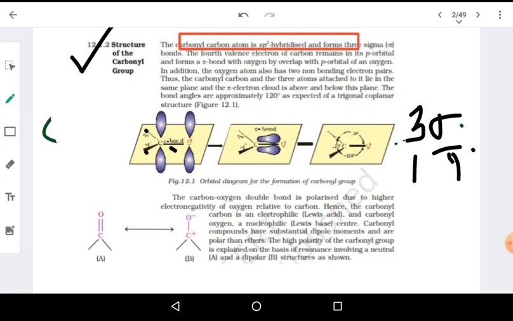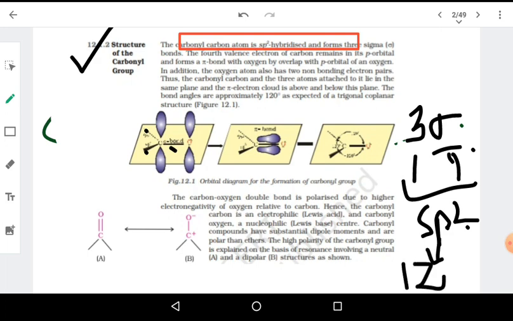So what will be the hybridization? Hybridization is coming out to be sp2, and if it is sp2, it is 120 degree. 120 degree is the bond angle, and you can see all are lying in the plane, right? All are lying in the plane, so we can say it is trigonal coplanar in structure.